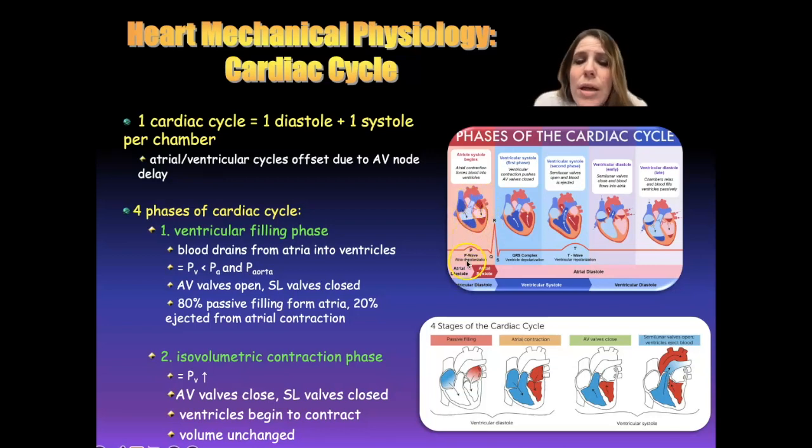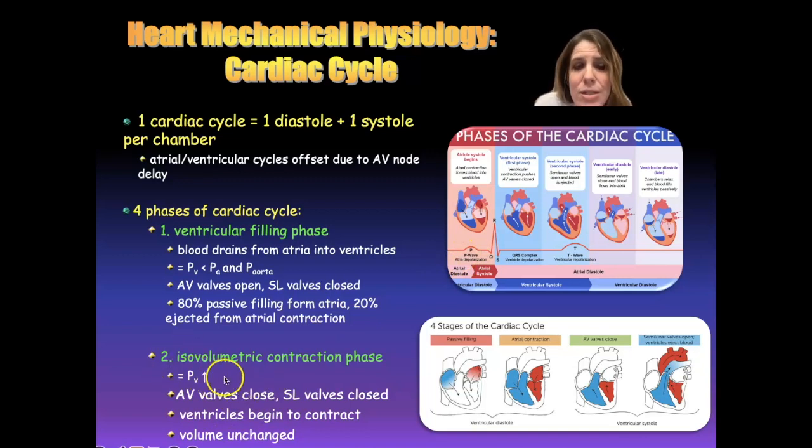Well, recall that on the EKG, the first wave is the P wave, and that correlates to atrial depolarization. So we're getting that electric current going through the atria, and we're getting the dumping of the blood from the atria into the ventricles. So all that's going on during this ventricular filling phase, and it's correlating to the P wave on the EKG.